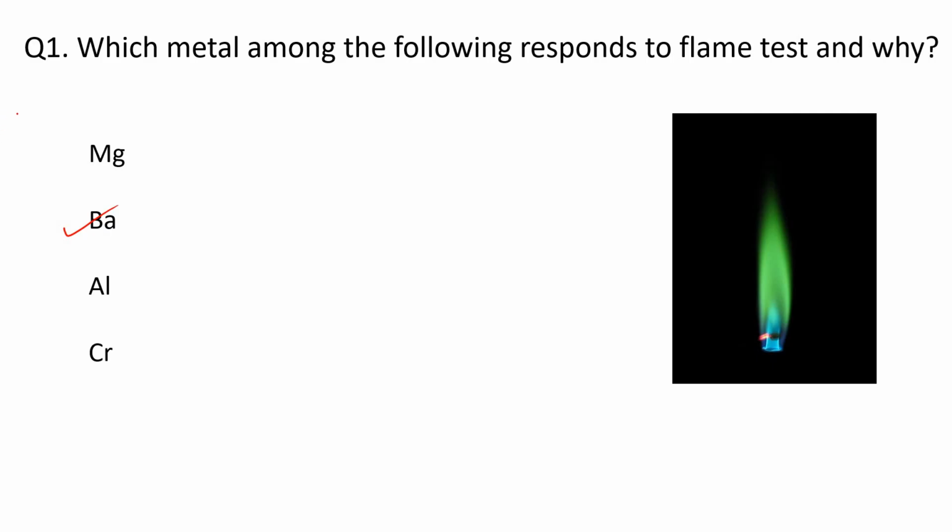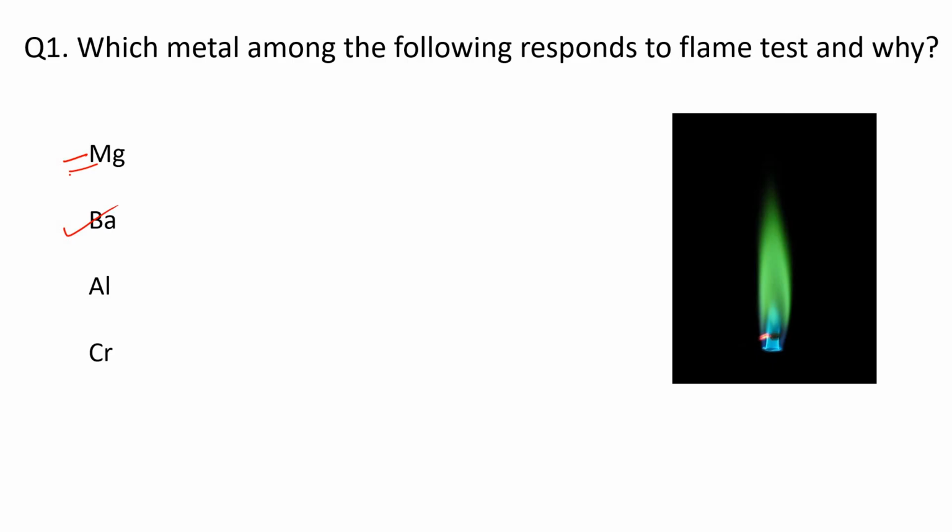Now the question is, magnesium is also an alkaline earth metal, that is an S block element, but magnesium and beryllium do not give the flame coloration. Why? Though they are S block elements, beryllium and magnesium are at the top, which means their size is less and the nuclear charge density is more.